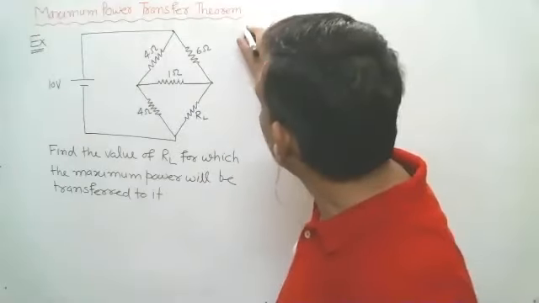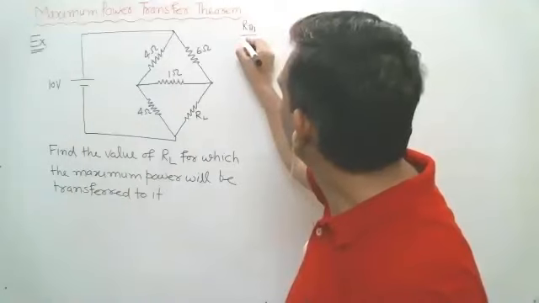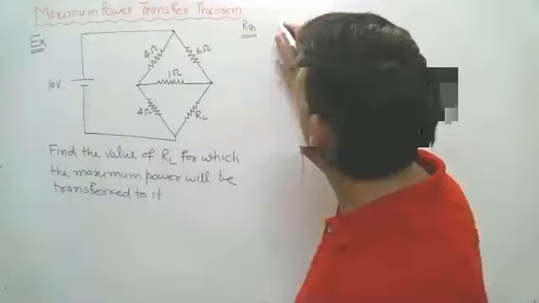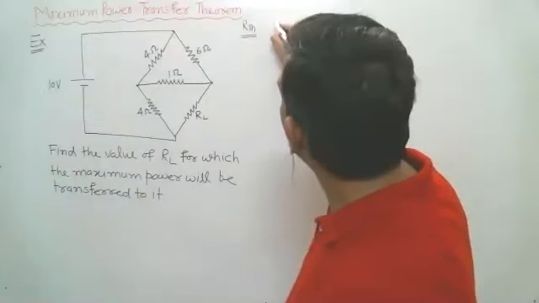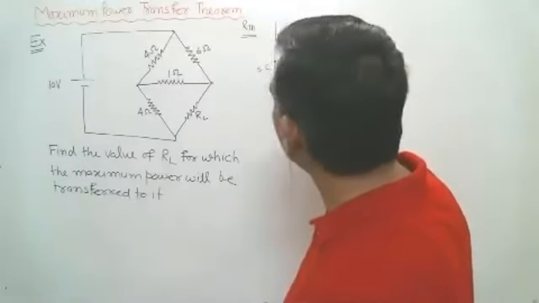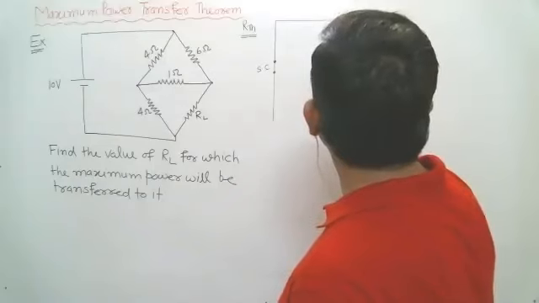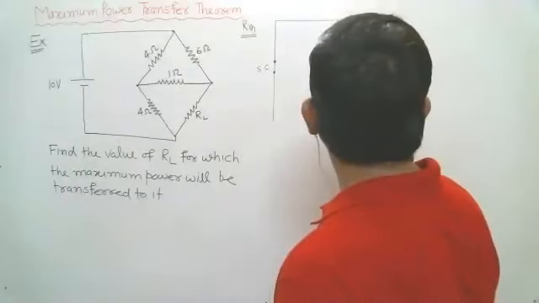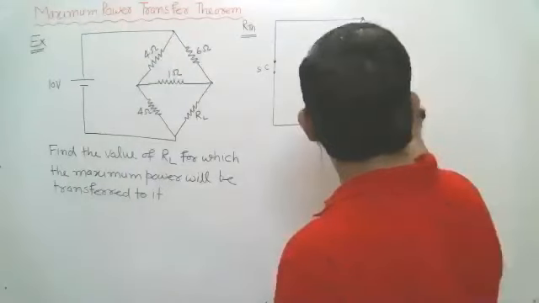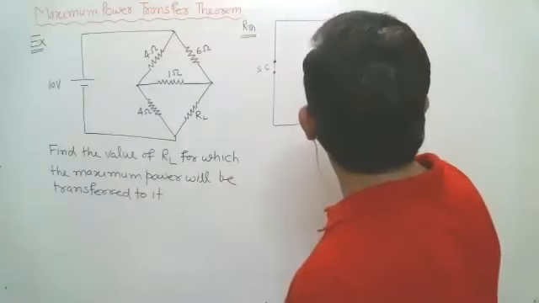So for RTH, draw the equivalent circuit. This will be short circuited. Find out RTH. You know the definition. So this is RTH across these 2 points, and this will be 4 ohm.